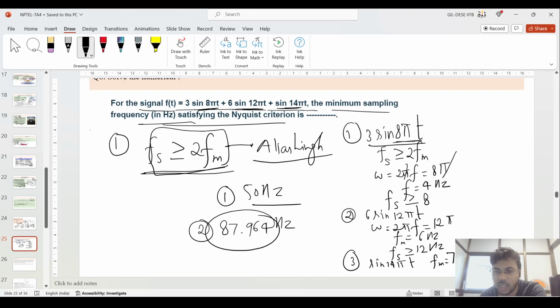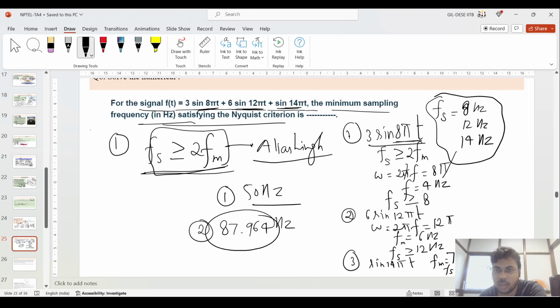Coming to the third part, that is the sin 14 pi t. Here the fm will come to 7 Hz. The Fs will be greater than or equal to 14 Hz. So what we have got, the sampling frequency as 8 Hz critical, 12 Hz and 14 Hz.